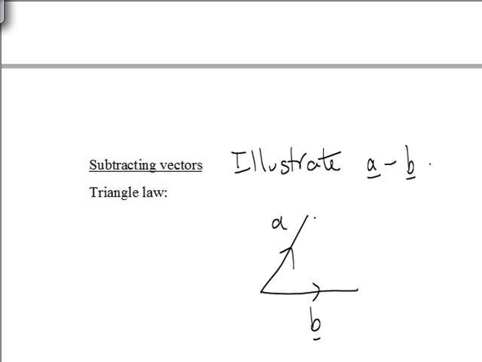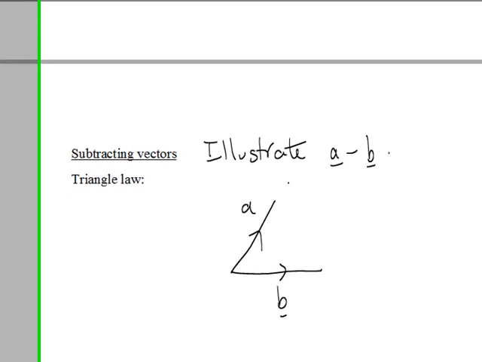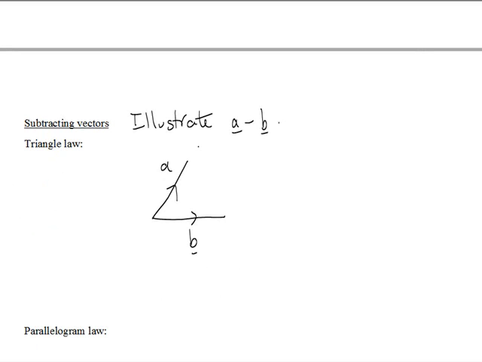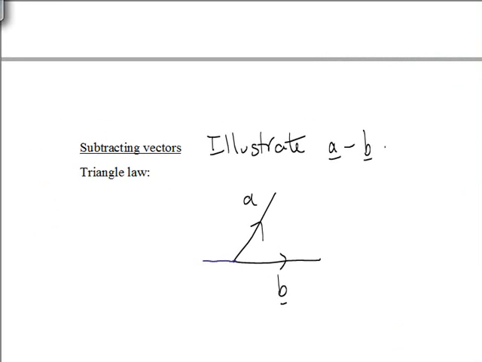If I complete the parallelogram as is, I'm going to get A plus B. That's not what I want. I want A minus B, right? So remember what minus B is? Same length, but in an opposite direction, right? So form a minus B like that. Go like that.